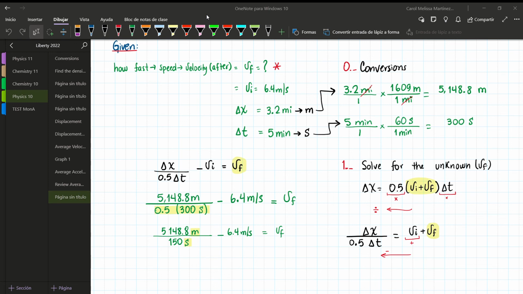Exactly, yes. Exactly, if it's in seconds, you don't convert.